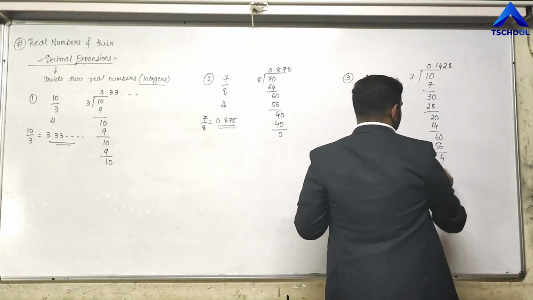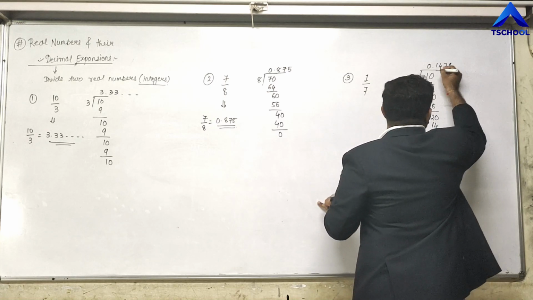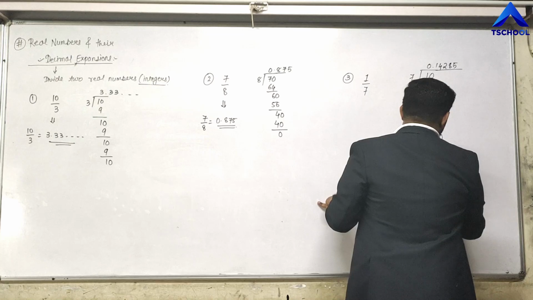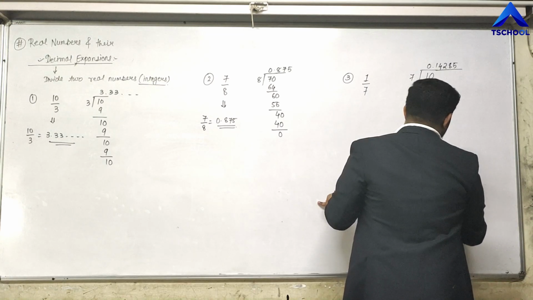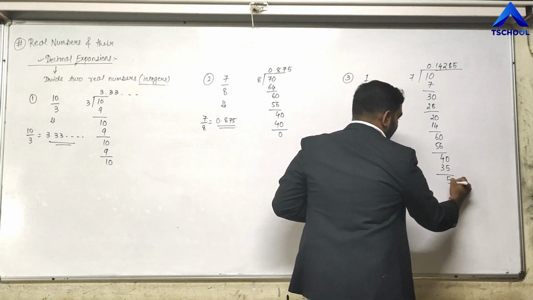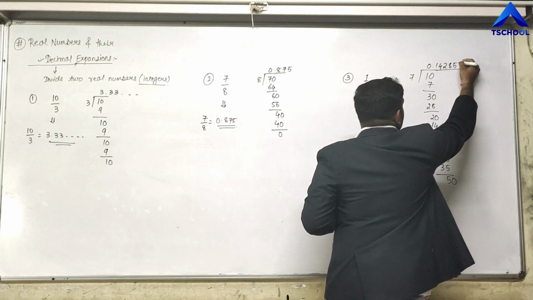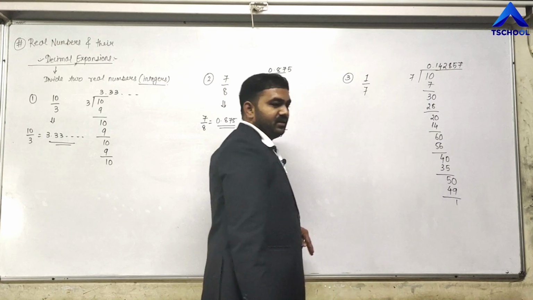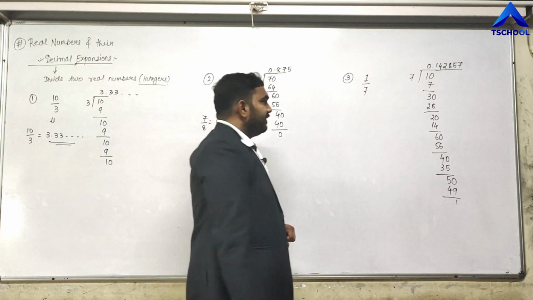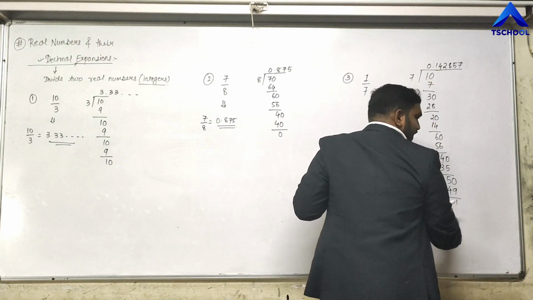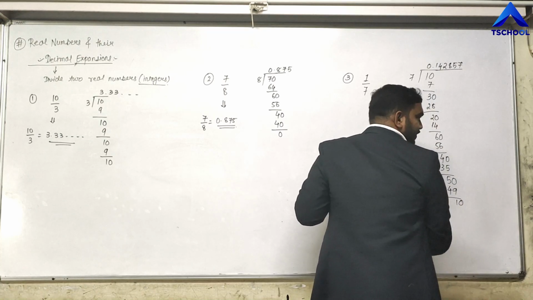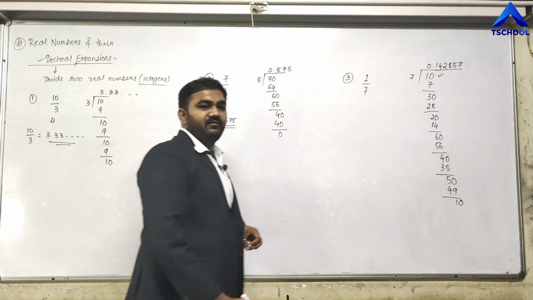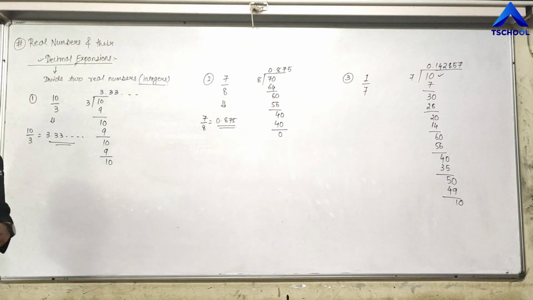Again 4 as a remainder, putting a 0 here, that will give me 7 into 5, 35. Again 5 as a remainder, and if I put a 0 here, that will give me 7 into 7, 49 with a 1 remainder. Right, now you can see clearly friends that this is a remainder 1 here. If I put a 0, that will become 10, and see the number from where we did start here, that is again a 10.